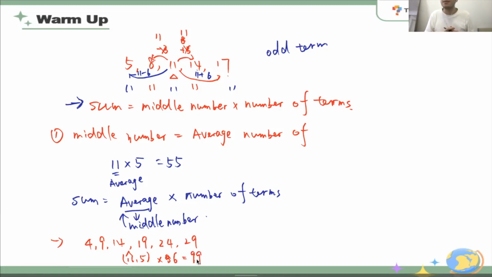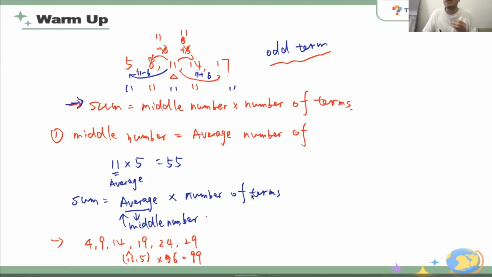If that makes sense. But we do know 16.5 is not our middle number. That is, we suppose we have a middle number, but actually it is not in our sequence. So we prefer to use this method when we meet a sequence with odd terms.